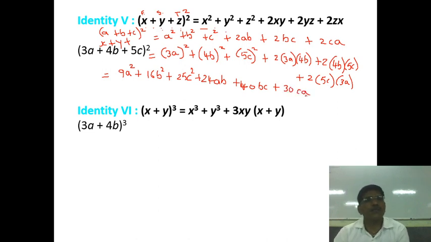So it is very easy, but remember the answer must be in 6 terms. 1, 2, 3, 4, 5 and 6. The answer must be in 6 terms. Compulsory, everyone should remember it properly.